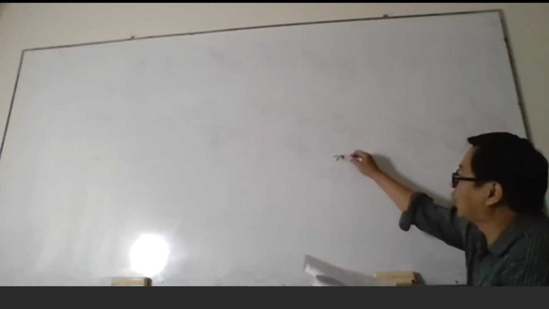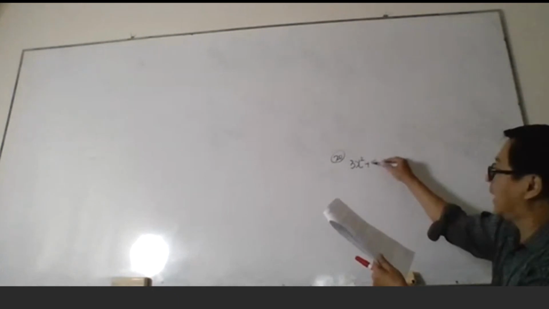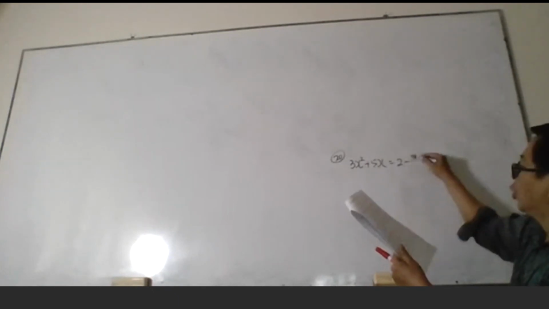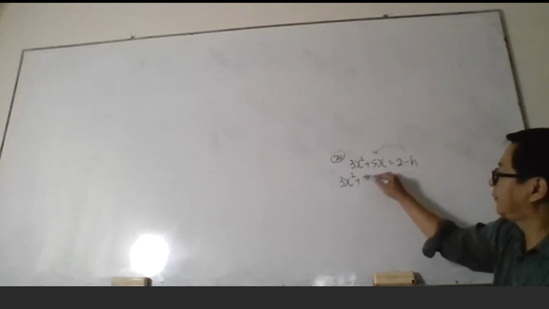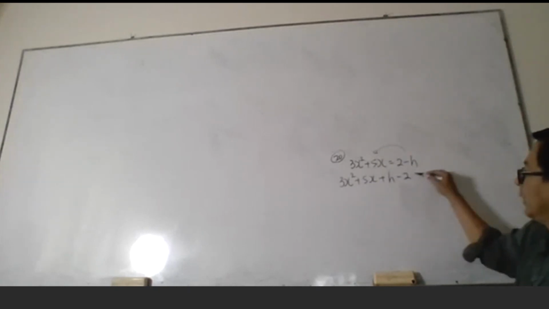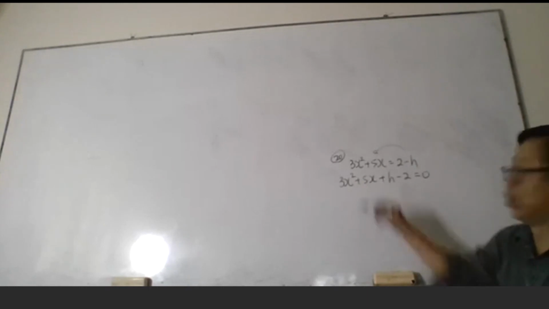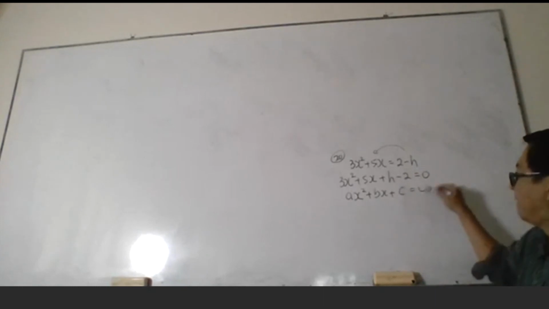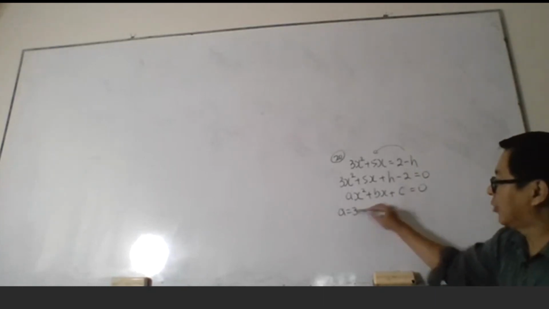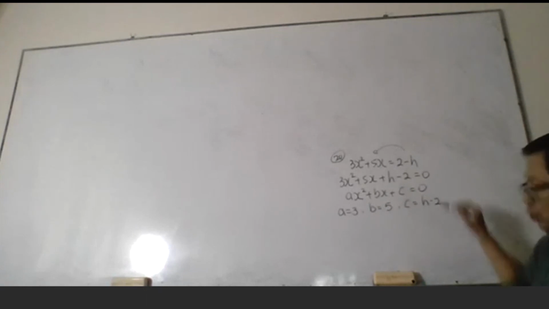Okay, last example for quadratic equations. 3x squared plus 5x equal to 2 minus h. So I will shift everything to the left to convert into the general form of a quadratic equation, and my a is 3, my b is 5, and my c is h minus 2.